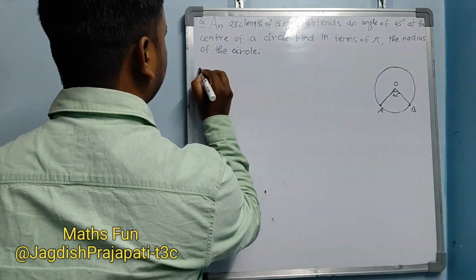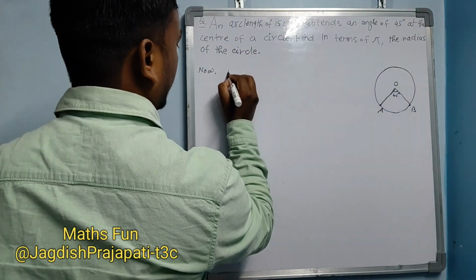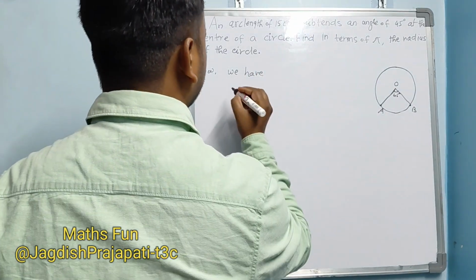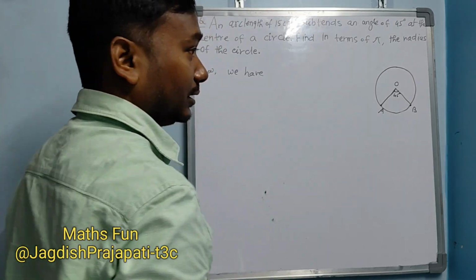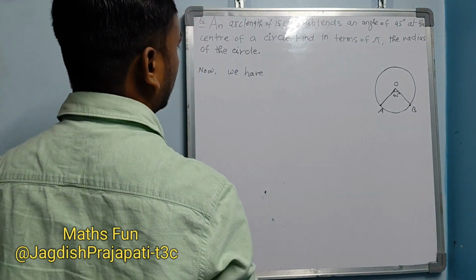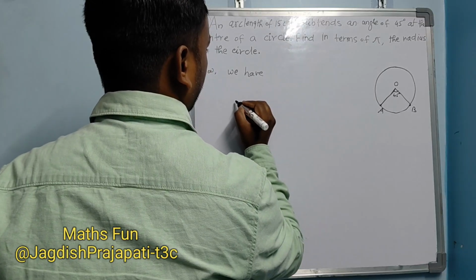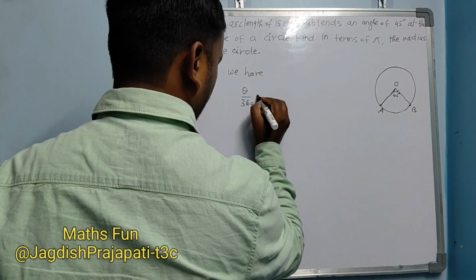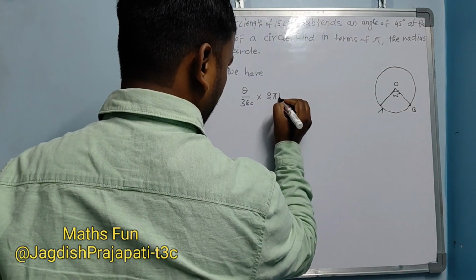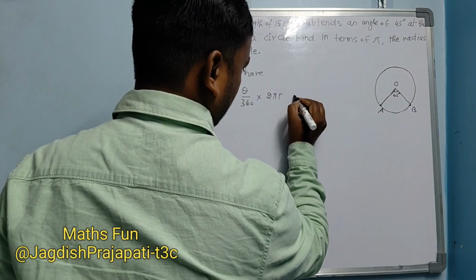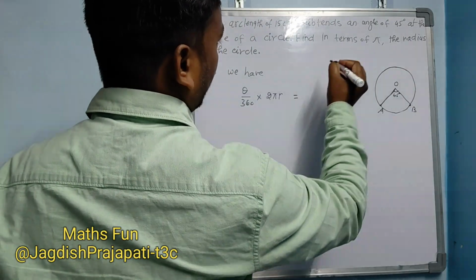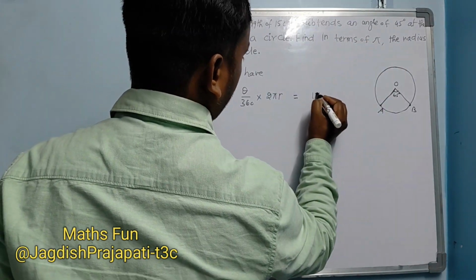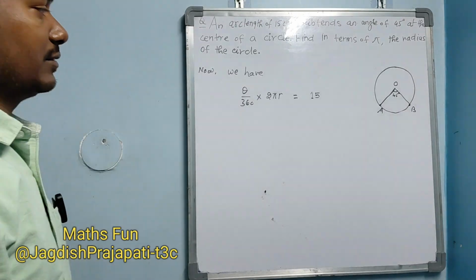Now we have theta by 360 into 2 pi r equal to the arc length, which is given, 15 centimeter. This is given. Okay.